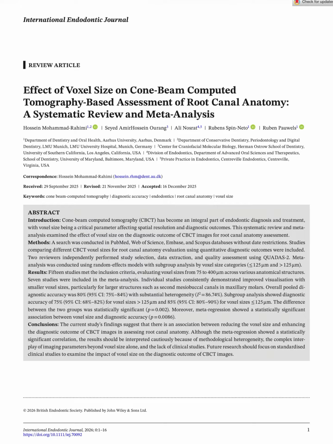In conclusion, there is an association between decreasing voxel size and improved diagnostic outcome of CBCT for root canal anatomy, with pooled accuracy higher at less than 125 micrometers. However, due to the substantial heterogeneity, the complex interplay of device and protocol related parameters, and the absence of clinical in vivo data, these findings must be interpreted cautiously.